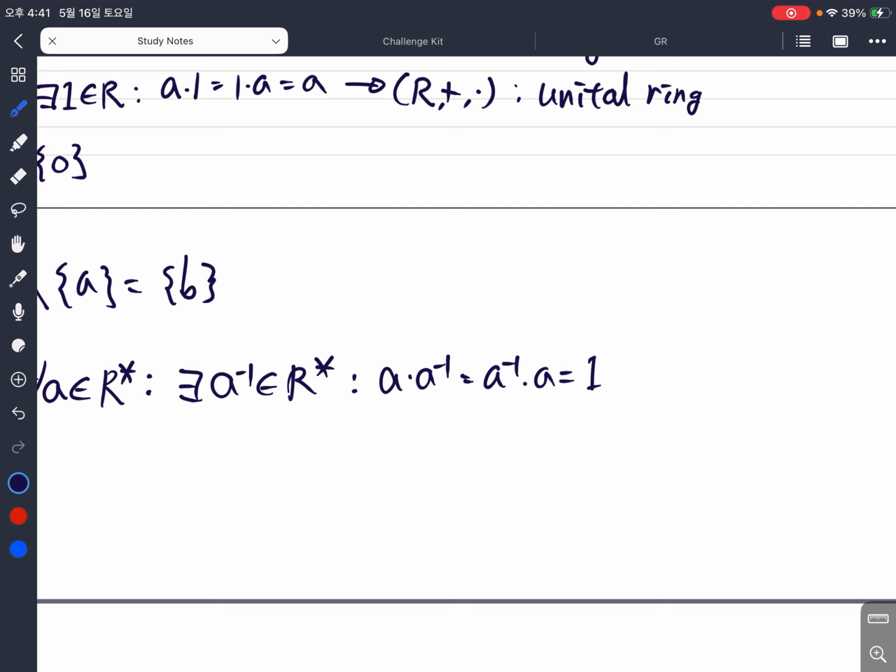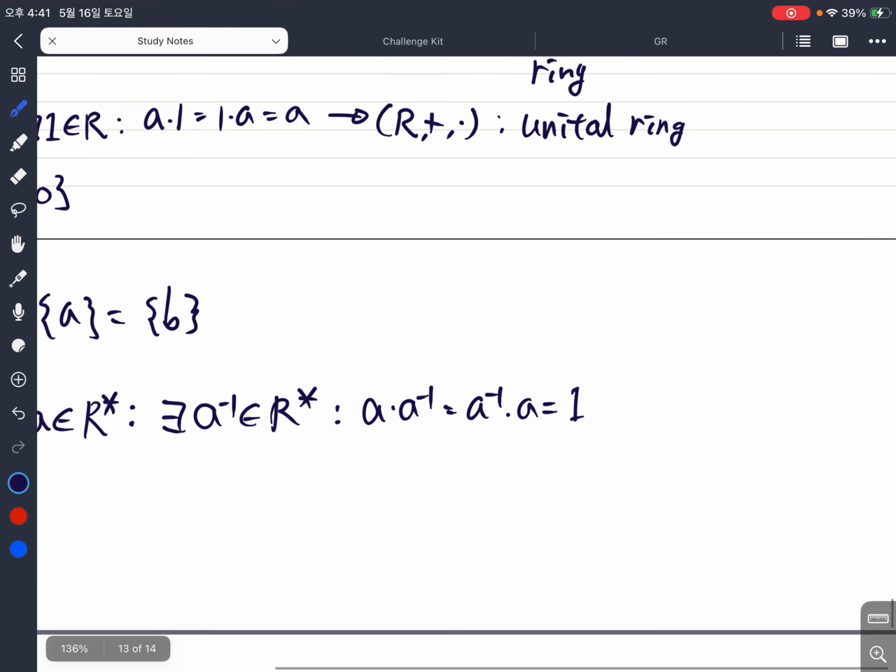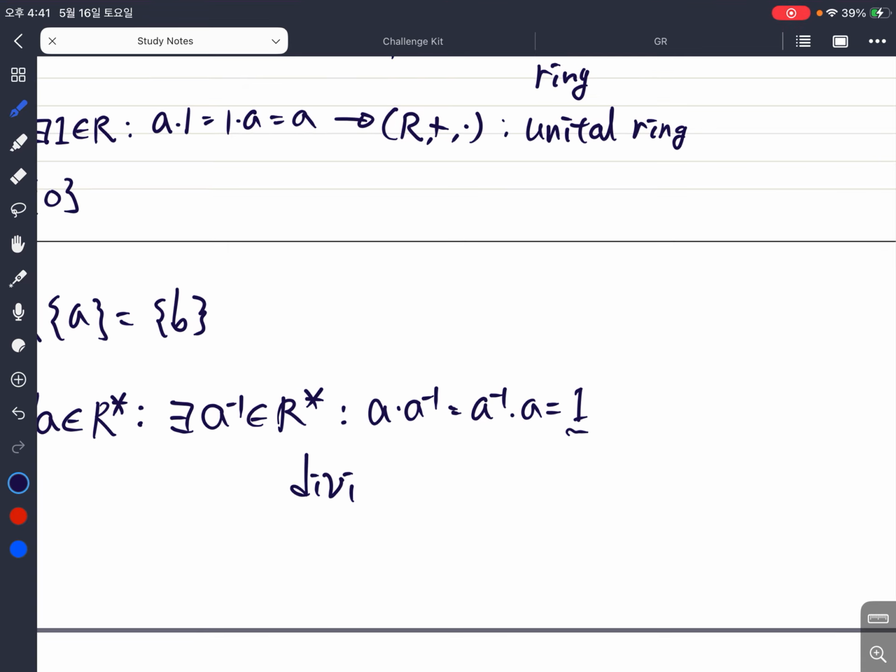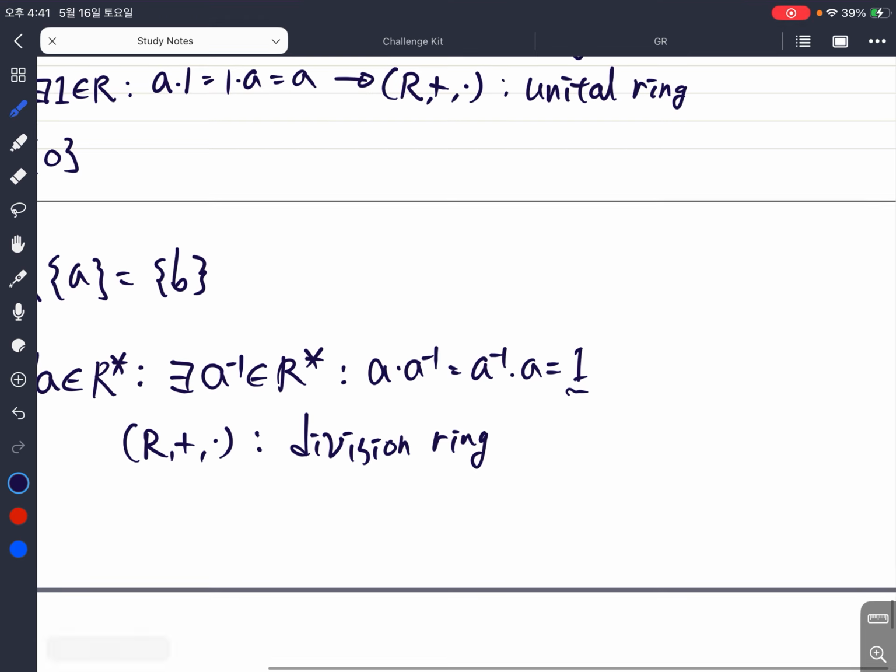So in this case, because it is a unitary ring, there is already some neutral element, but there is more. We call it a division ring. What is this? R plus dot is a division ring, or we sometimes call it a skew field.